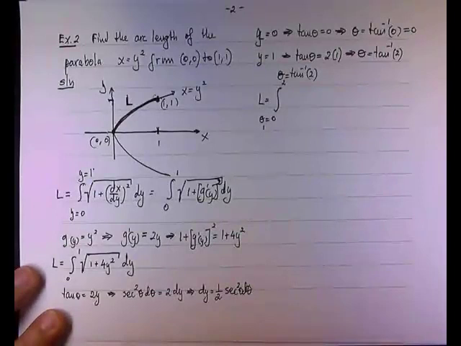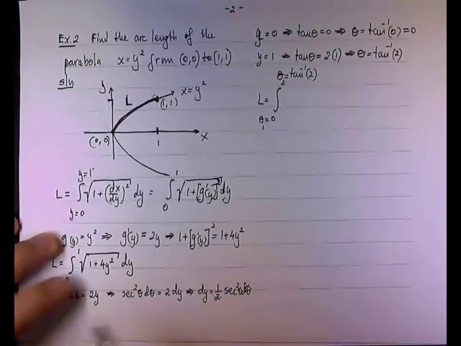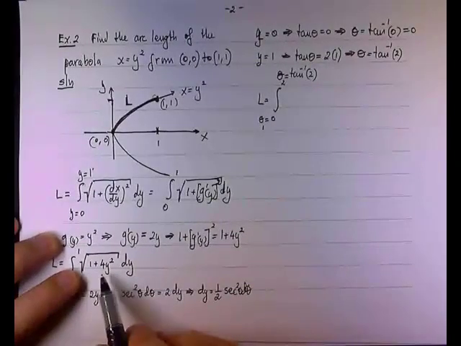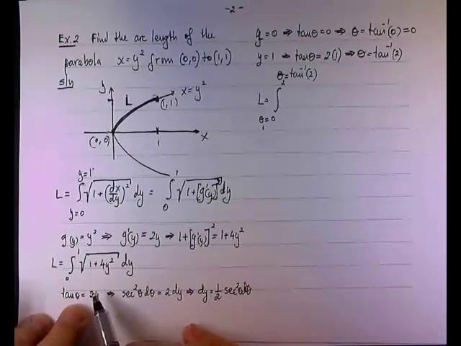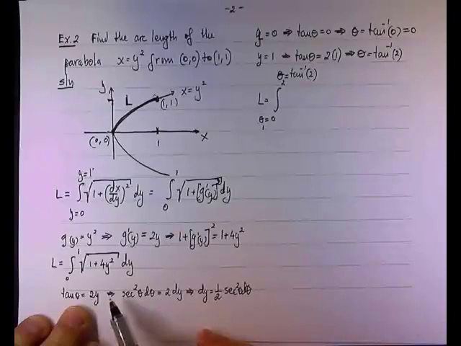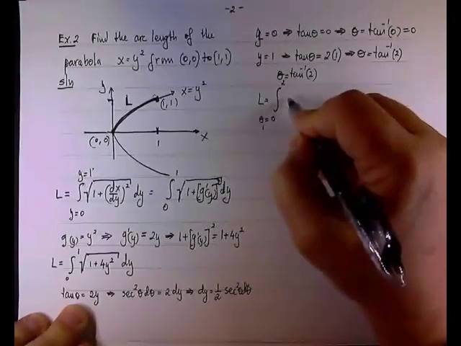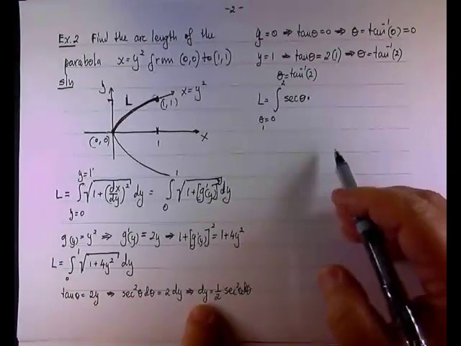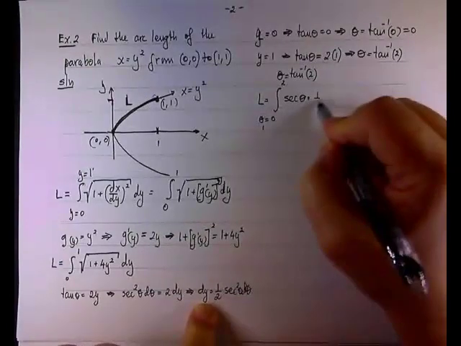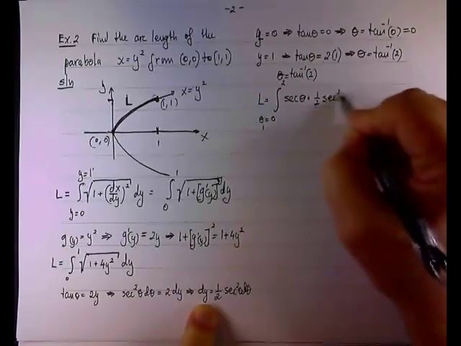So you can write theta 1 and theta 2, and keep in mind that theta 1 is 0, theta 2 is the inverse tangent of 2. And now we're going to plug in. So the square root of 1 plus 4y squared is 1 plus tangent squared, right? And 1 plus tangent squared is a secant squared. The square root of the secant squared is the secant.